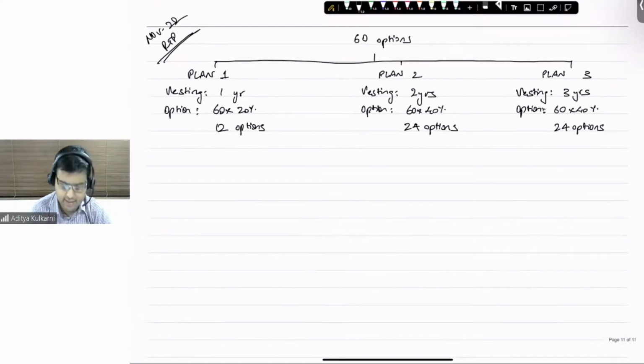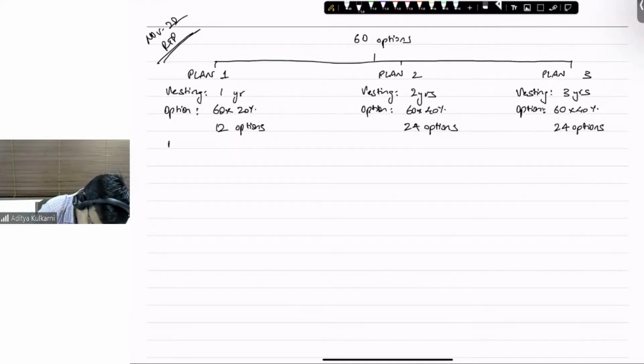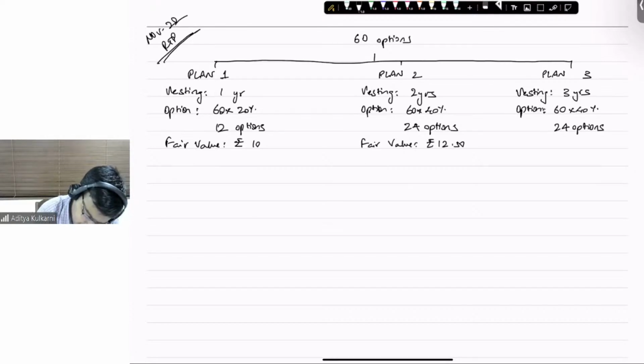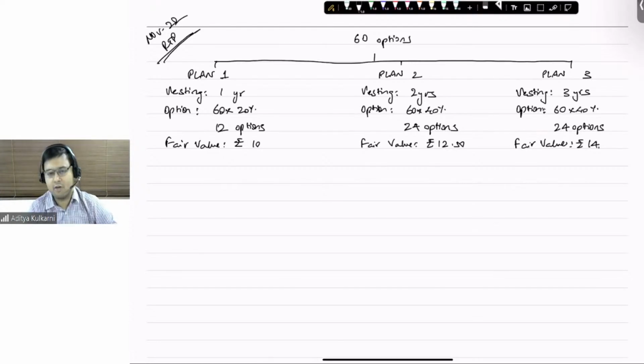So this takes care of our basic plans. Fair value, rupees 10. Fair value 12.5. Fair value 14. So this takes care of the 60 options.